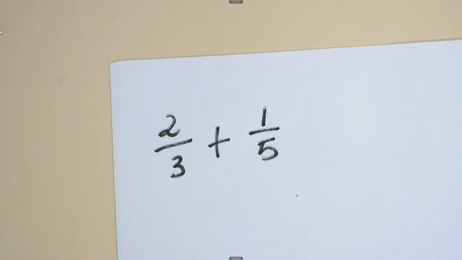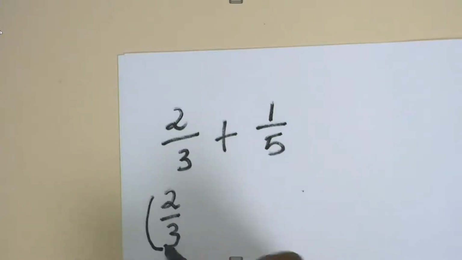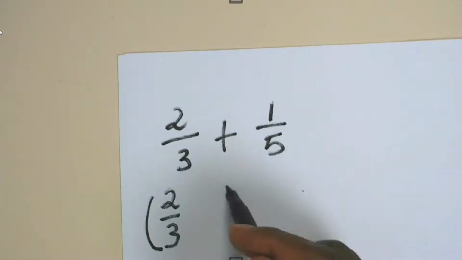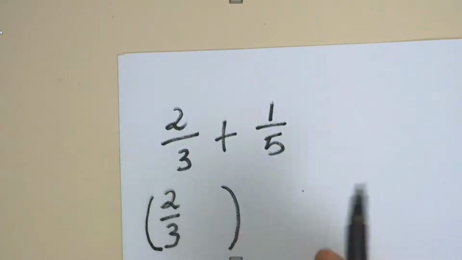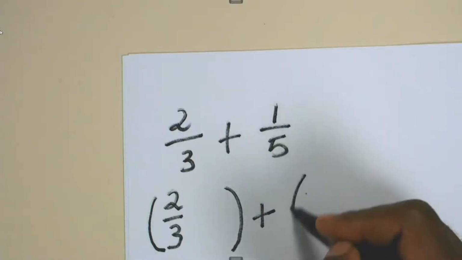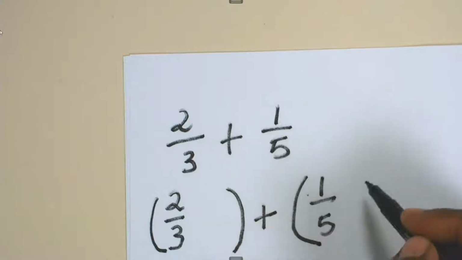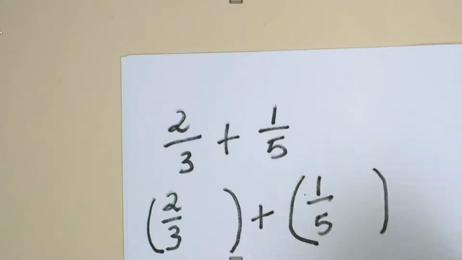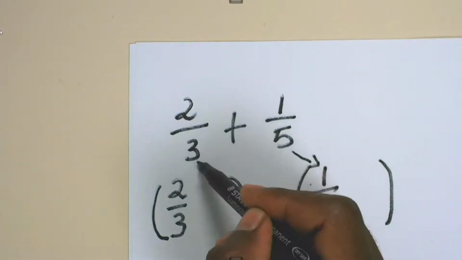You remember, guys, we said we're going to open a bracket, write 2/3 inside this bracket, close this bracket, leaving a space. Then we add, then we open another bracket, then we write 1/5, then we leave enough space for us to put something, then we close the bracket. So these fractions came down as they were.